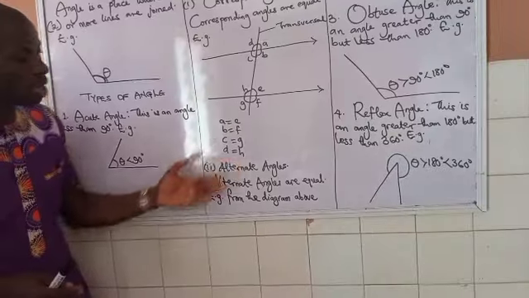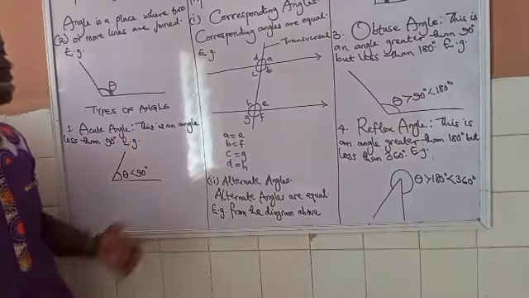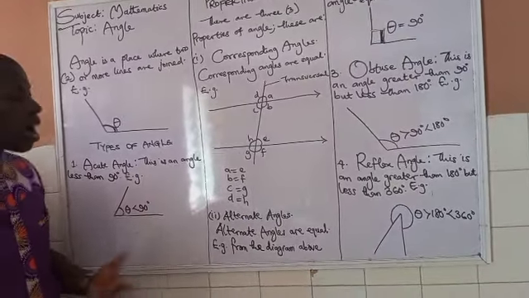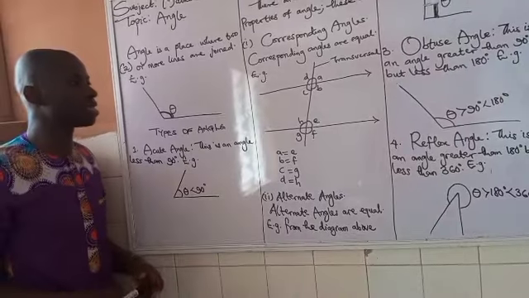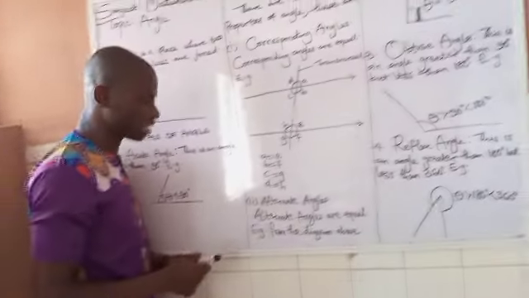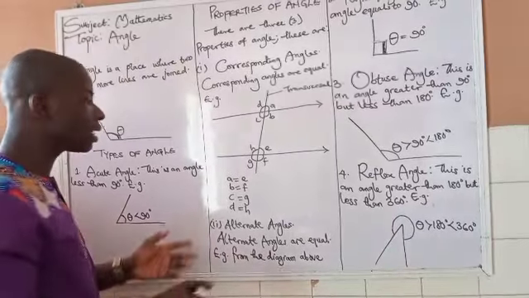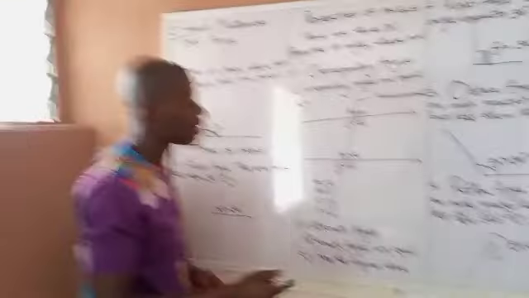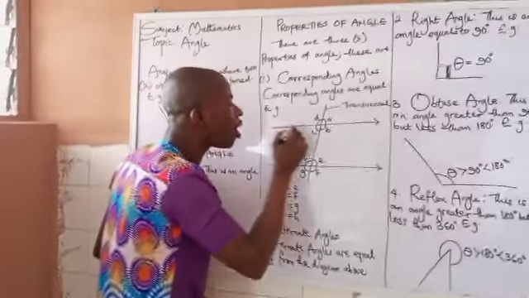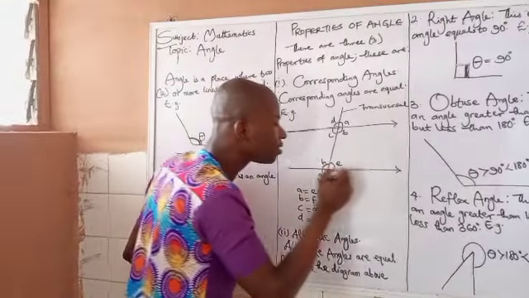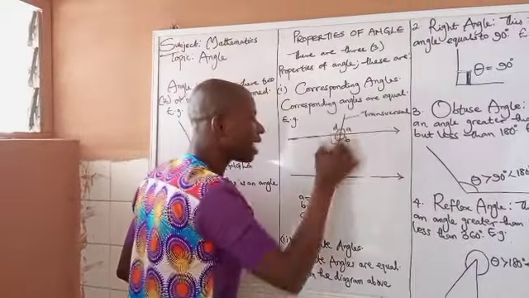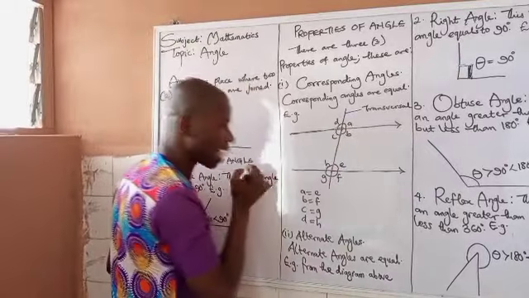Now, we move to the alternate angles. Alternate angles are also equal. How can you get your alternate angle? Please pay attention before I list out all those things that are equal to each other. Alternate angle always forms Z, whether C like this or Z like this.